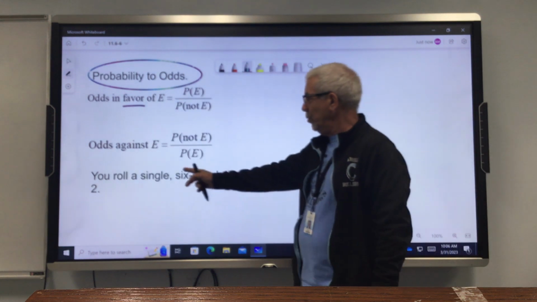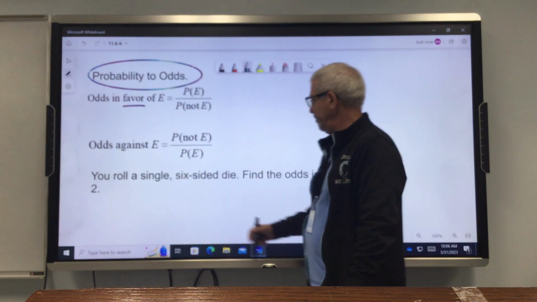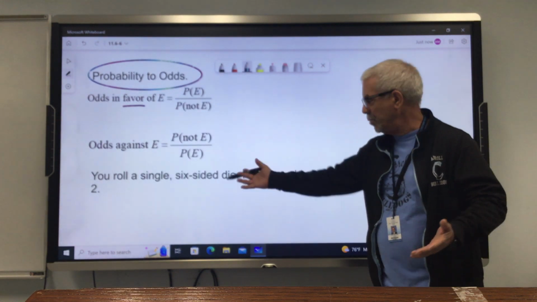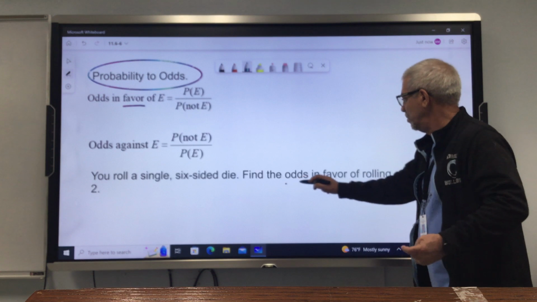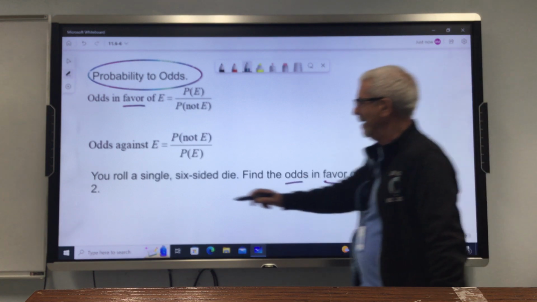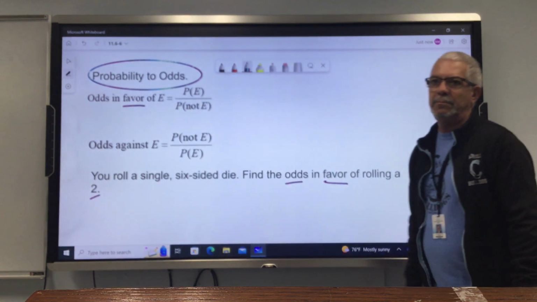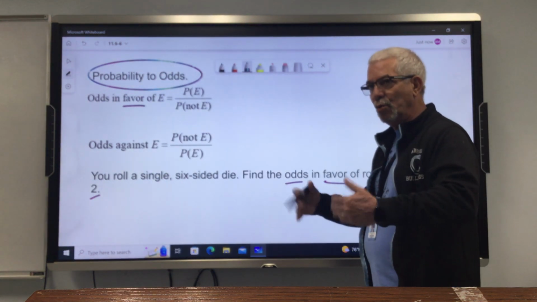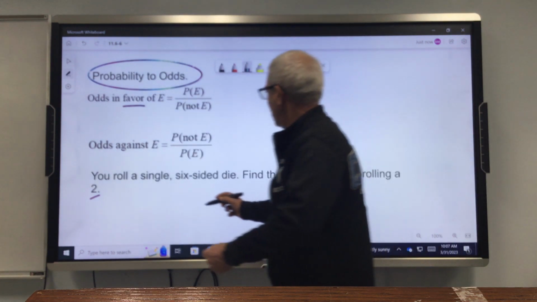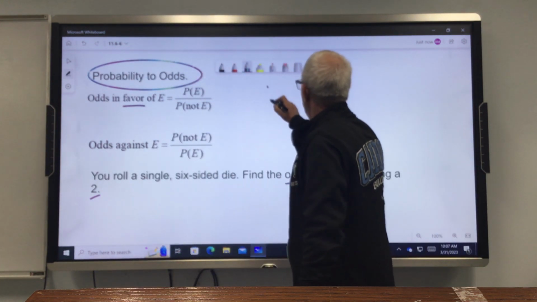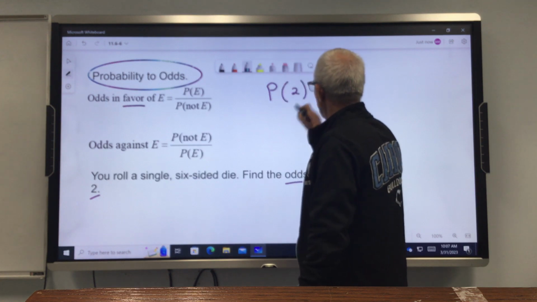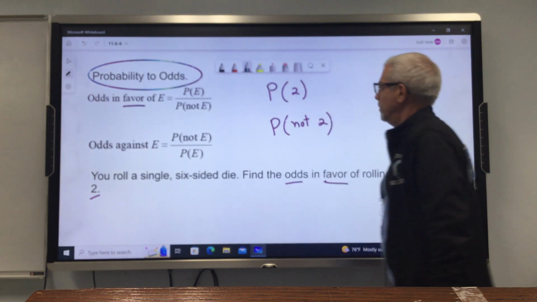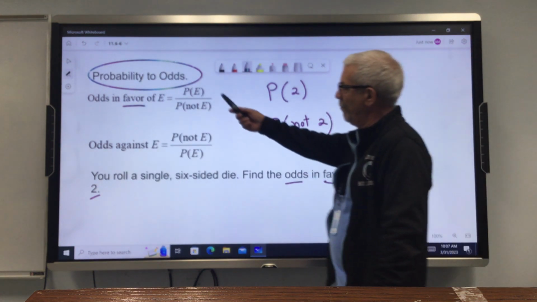All right, then this is an example. You roll a die. That is 6 sides. Remember that you have some exercise in the homework that is 12 sides, but this one is 6 sides. It is to find the odds in favor of rolling a 2. In that case, we need to find P(2) and P(not 2).